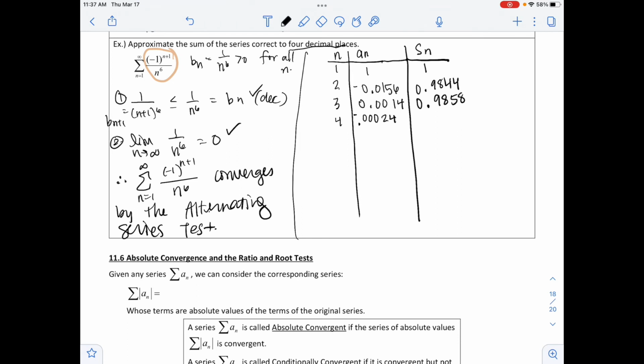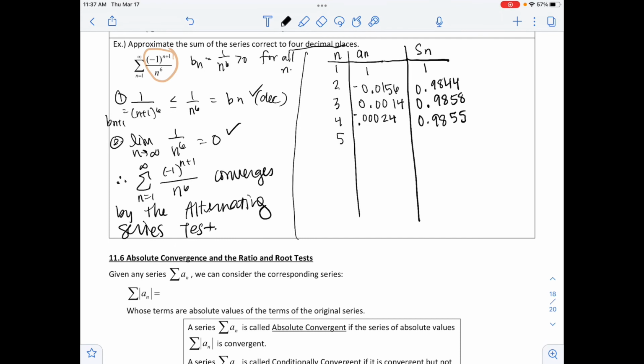And then adding up all these terms, we get 0.9855. I'm just going to round this to the 4th decimal place for my sum, since that was what it was saying up above. This is now correct to 3 decimal places. So I'm going to try another one and maybe we'll be done. And if not, then I will have to keep going.